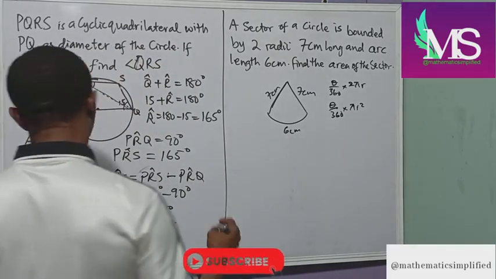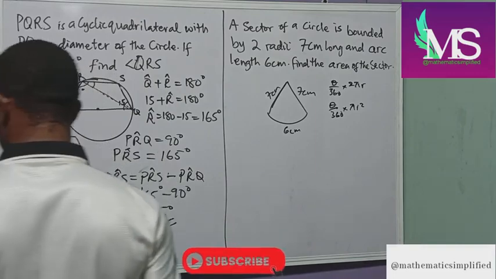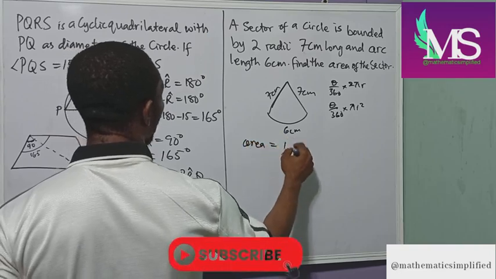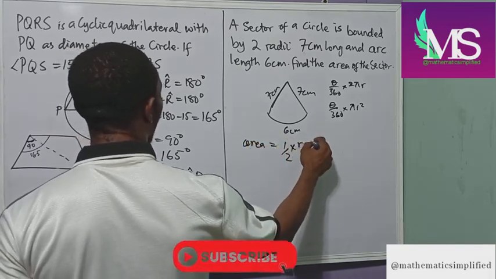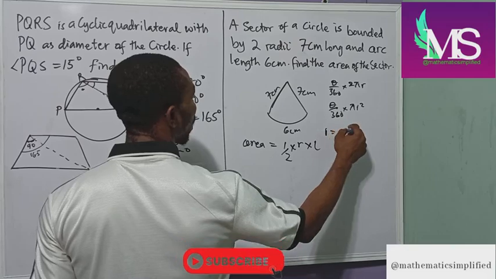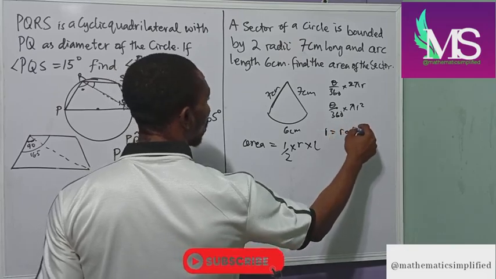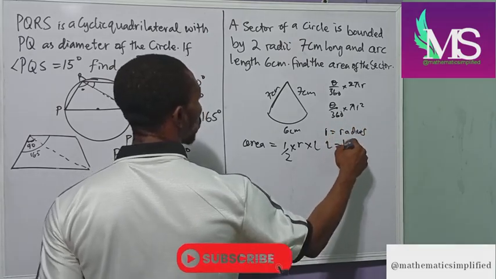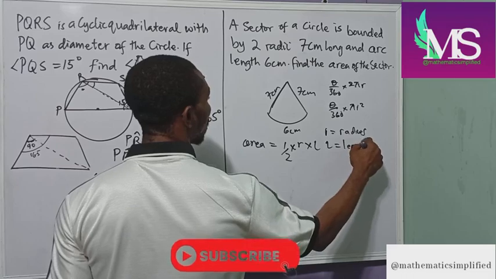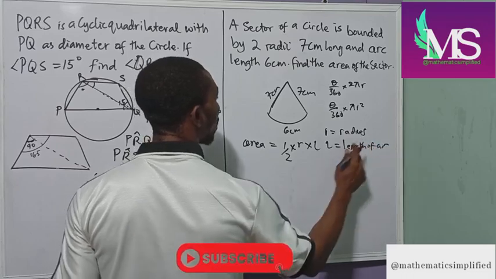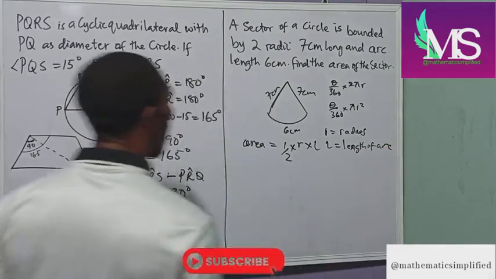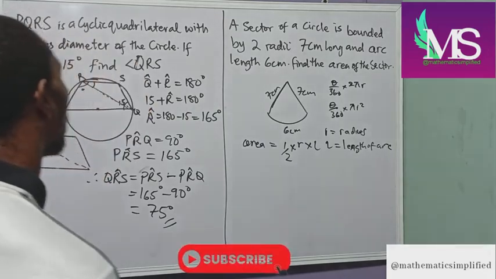So we are going to use the formula that says area A equals 1 over 2 times r times L, where r equals the radius and L equals the length of arc.